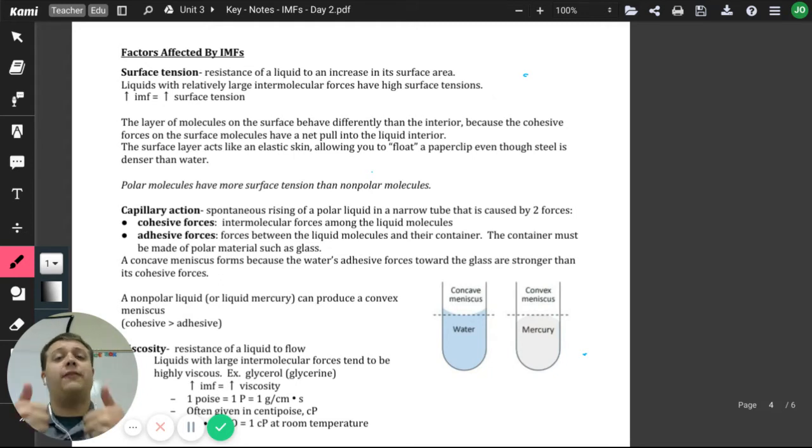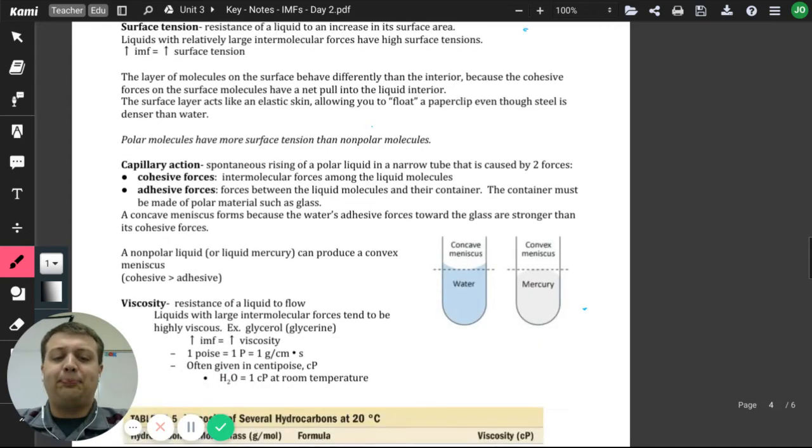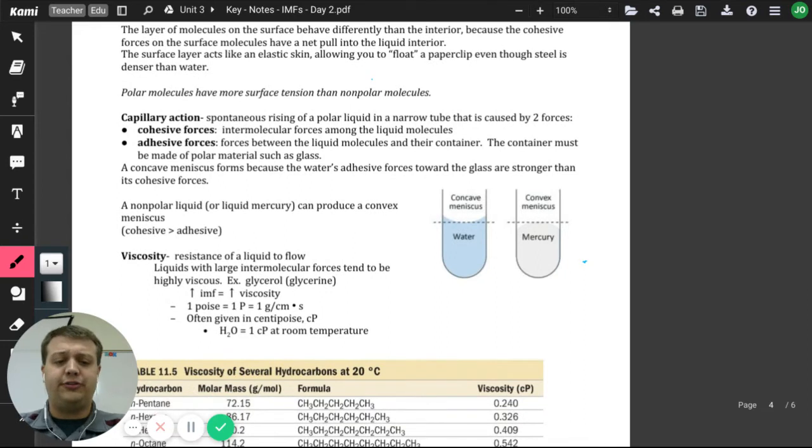And so with a higher IMF, we're going to see a higher surface tension because it is harder to break the bond. Okay? All right, so that was surface tension.